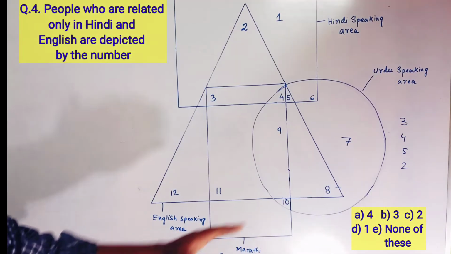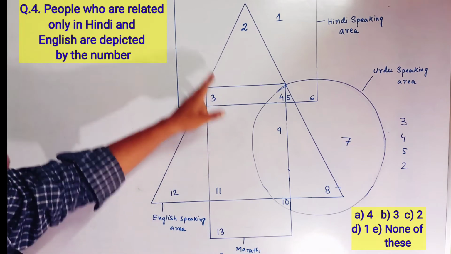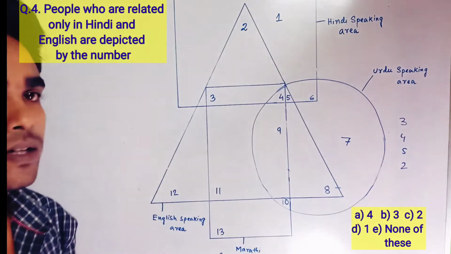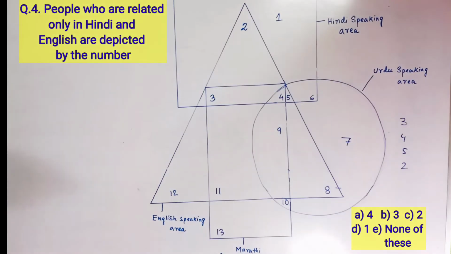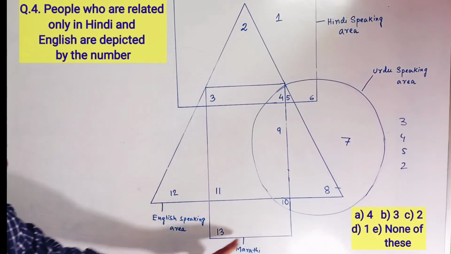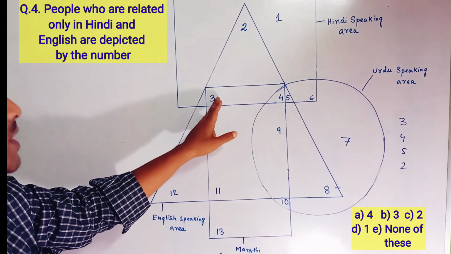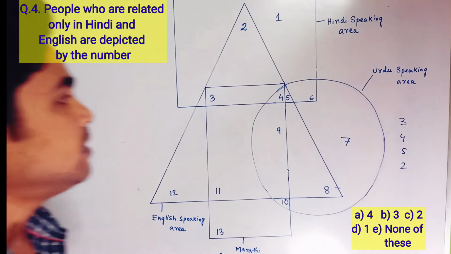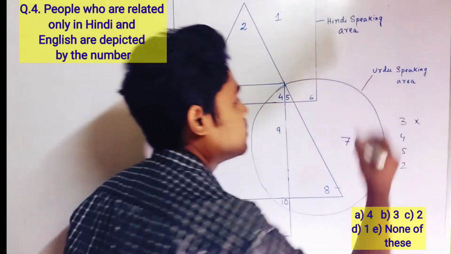Okay, first let us check 3. 3 is inside the square, inside the triangle also. It is alright, but you look, 3 is also inside the rectangle. So that means 3 can speak Marathi also. Okay, so 3 is rejected.